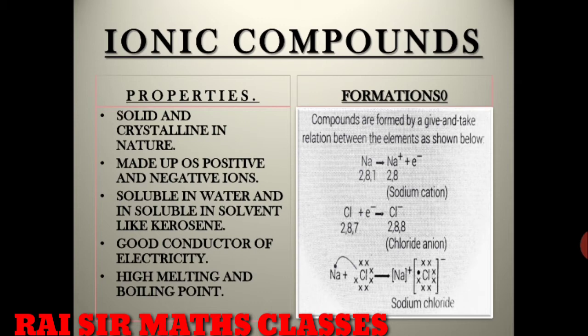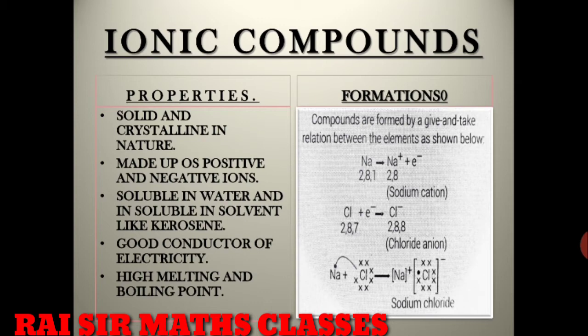So sodium is going to be arranged like 2:8:1, meaning it has 11 electrons: 2 plus 8 is 10, plus 1 is 11. We can write it like this: Na positive plus e negative.